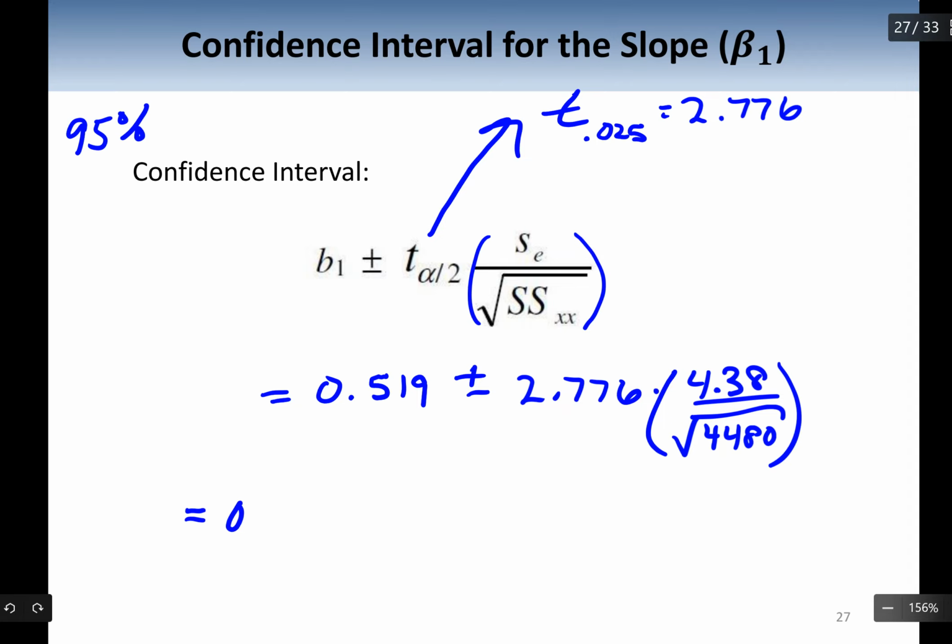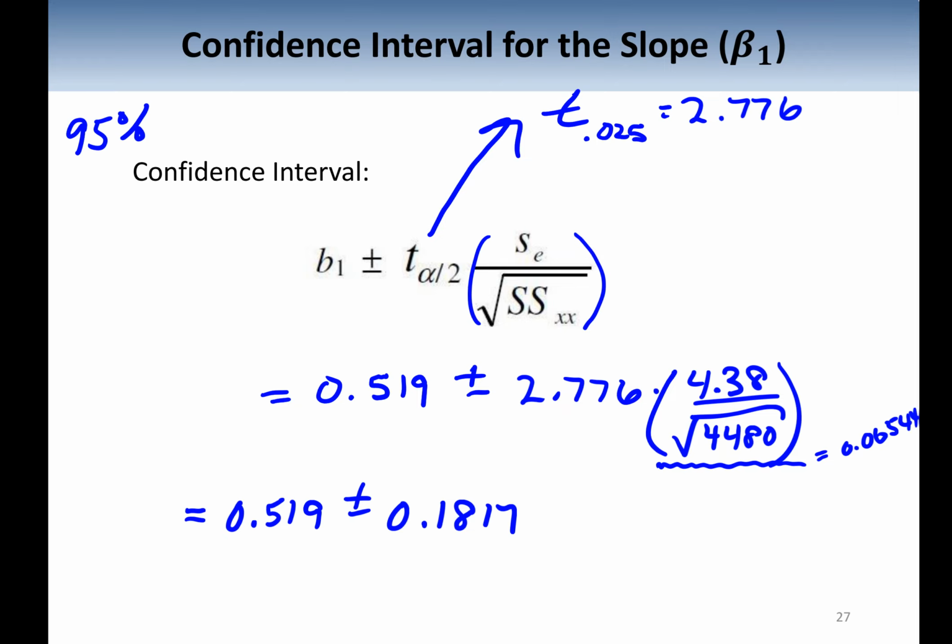That gives us 0.519 plus or minus. The margin of error is 0.1817. Remember, this whole part right here was equal to 0.06544. So that was the standard error of the slope estimate.